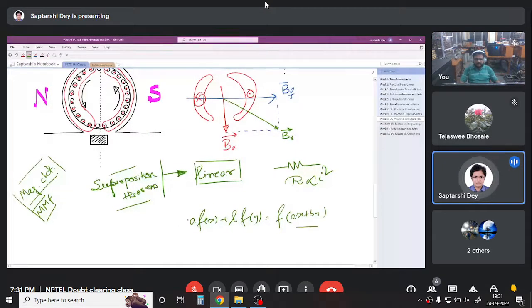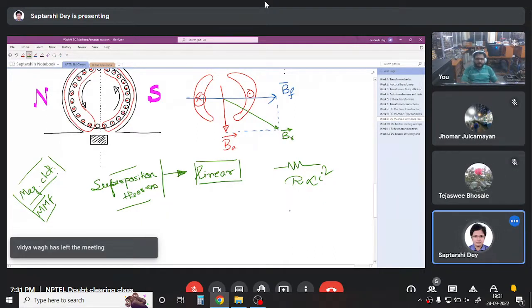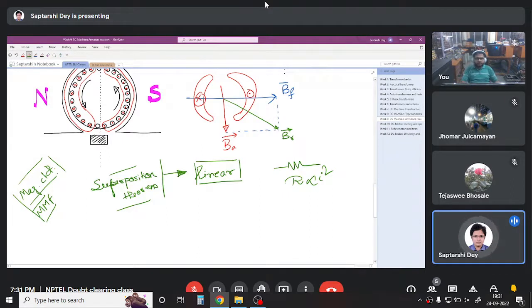Something like this. This might be wrong, okay, let me erase this. So basically, whatever effects we have on the system, they can be added, they can be multiplied, but the system must be linear. Then only can we apply the superposition theorem.